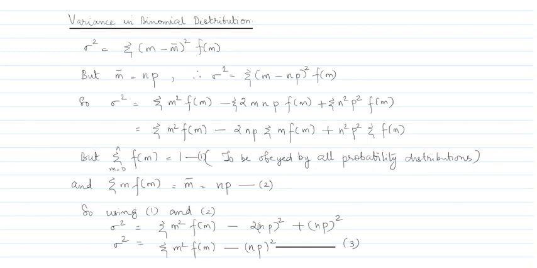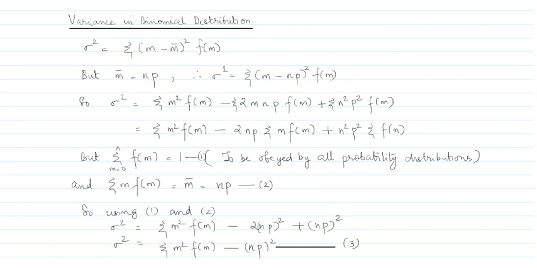From the previous lecture we know that m bar was evaluated as np, where n is the total number of trials and p is the probability of success per trial. Therefore, my sigma square will be m minus np the whole square times fm.